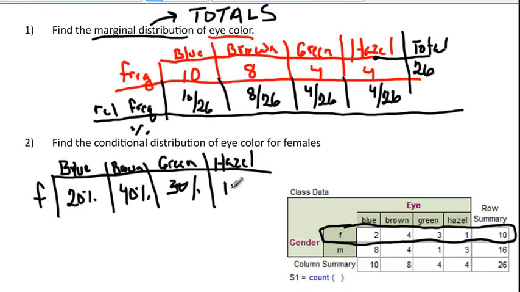If I did this correctly, my total should be 100%, and we can see 60 plus 40 does give us 100%. When you're asked to find a conditional distribution, you are looking at one category for one of the variables. In this case, I'm asked to look at the category females for the gender variable.